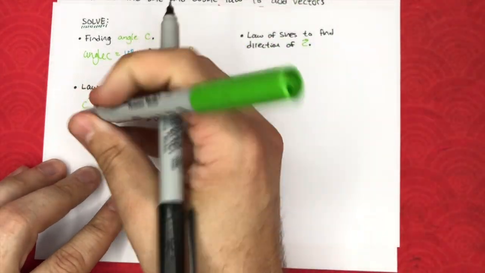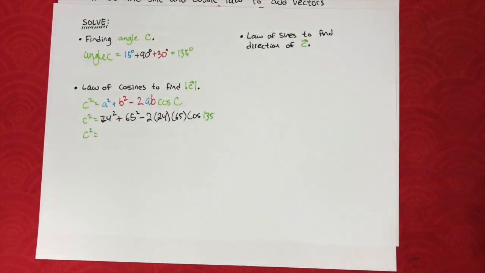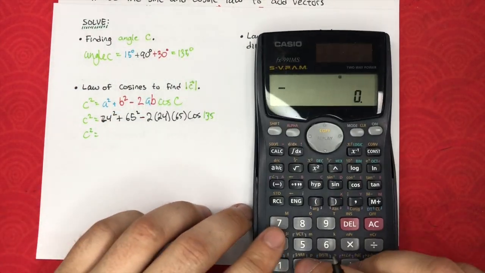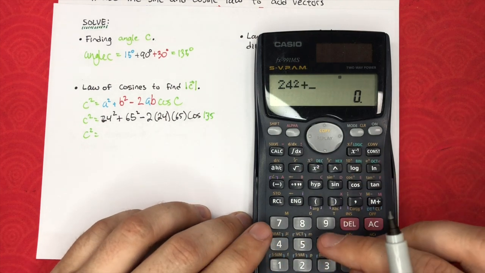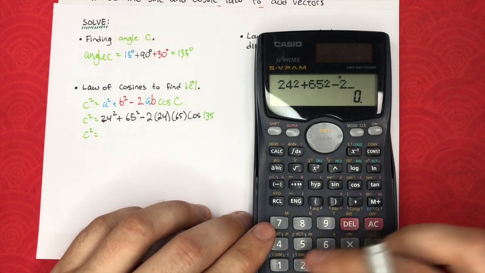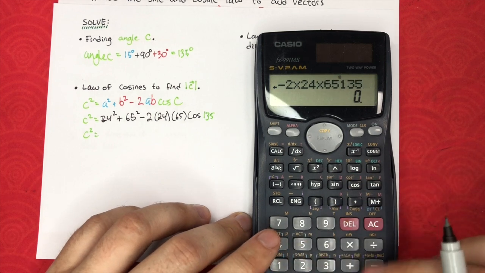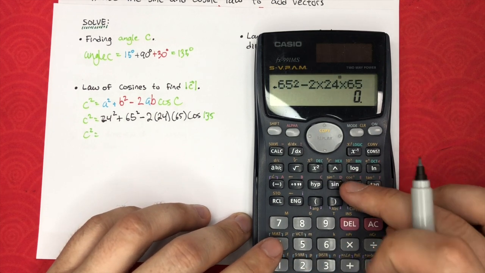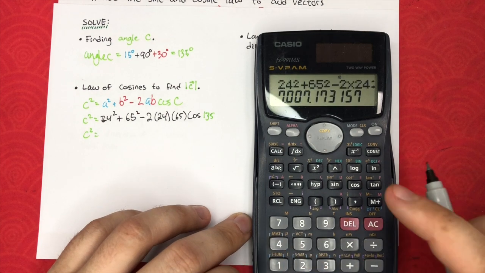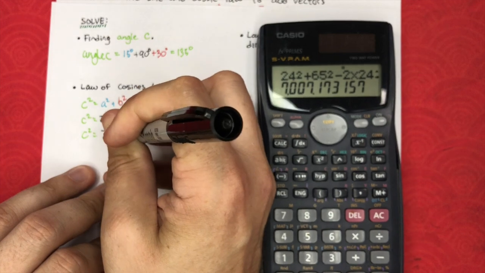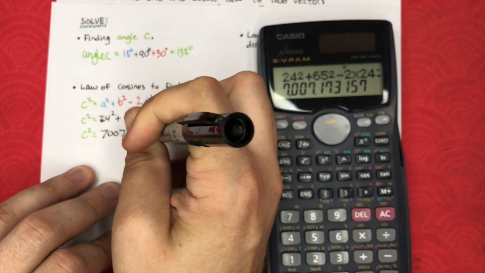If we put that into our calculator now, we can find that c squared is going to equal 24 squared plus 65 squared minus 2 times 24 times 65 cosine of 135 degrees. And we're going to find that to be 7,007.173157.